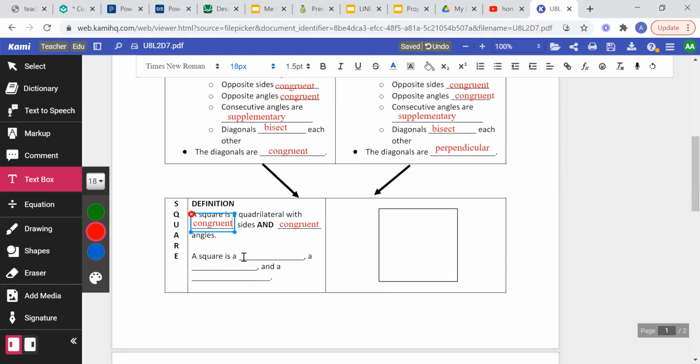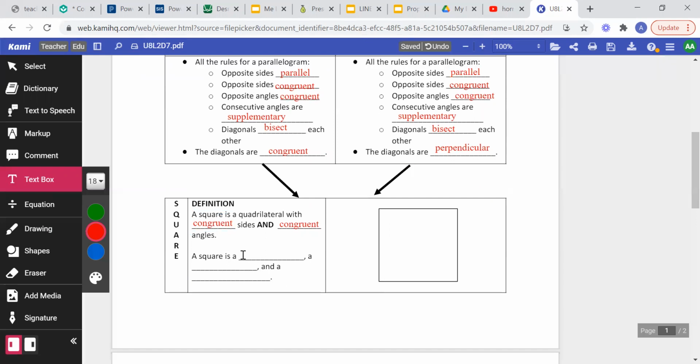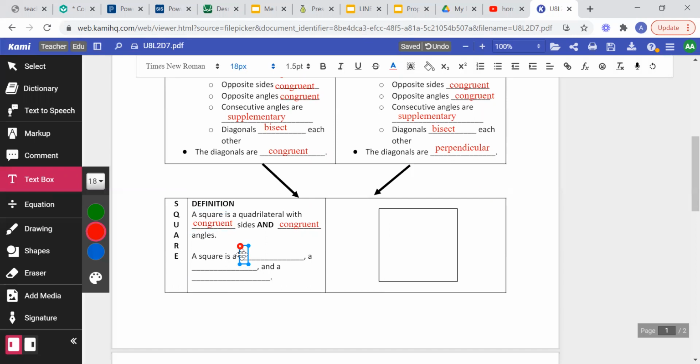And as we all know, a square is a four-sided figure with opposite sides being parallel, so a square is a parallelogram as well, because the first definition of a parallelogram is that opposite sides are parallel, okay? As the name implies, parallelogram.